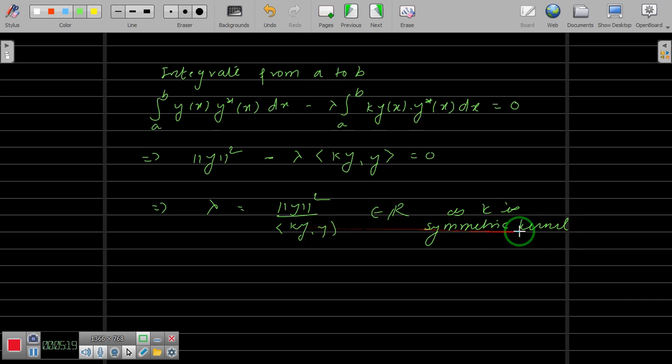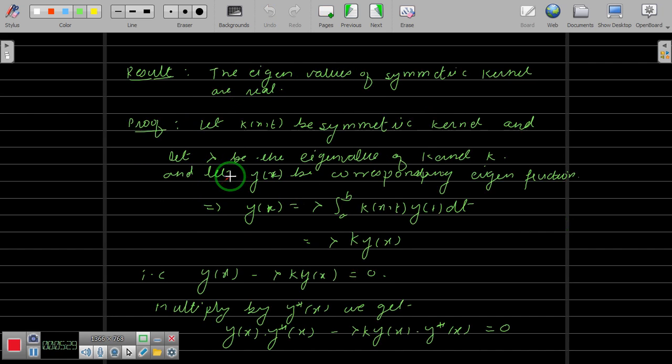This is real, and if K is symmetric kernel, we have already proved that this is real. That means this lambda will be a real number, and this completes your proof. So always remember, if you have a symmetric kernel, the eigenvalues of a symmetric kernel are always real.